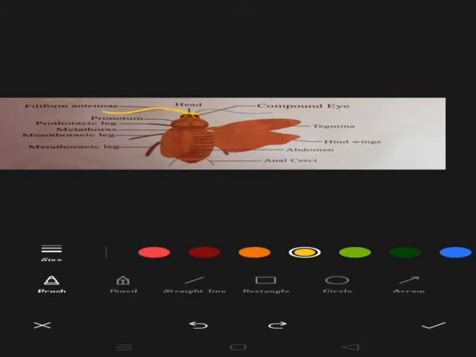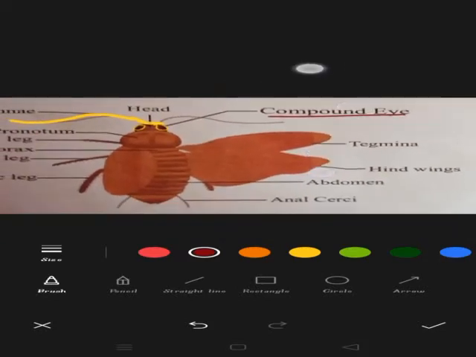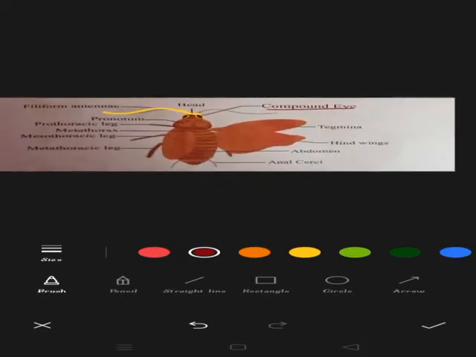So the eyes are called compound eyes. It bears a pair of large eyes, black in color, and the eyes are kidney shaped.